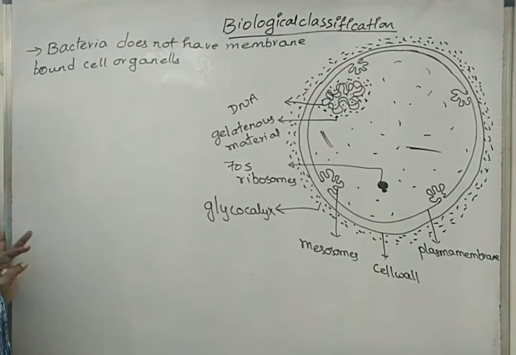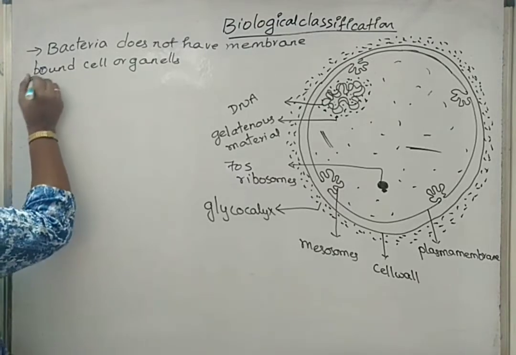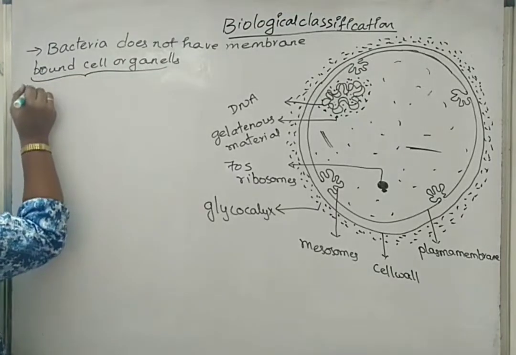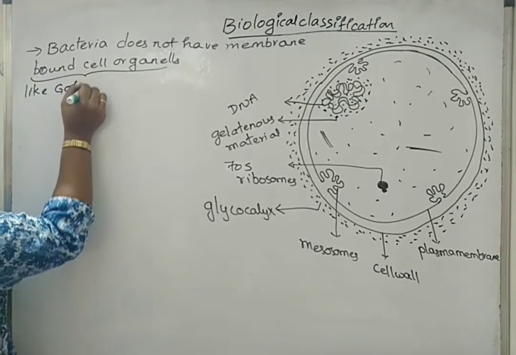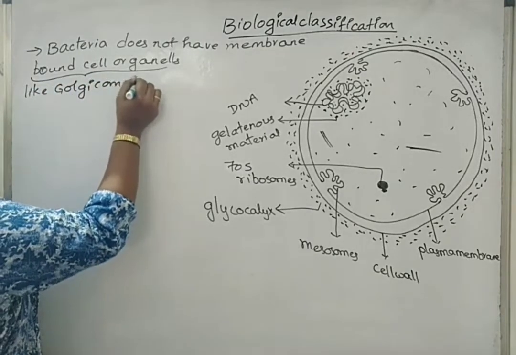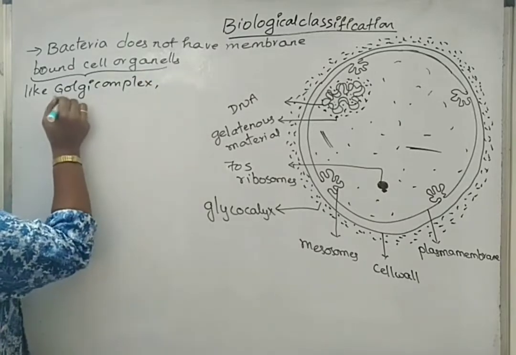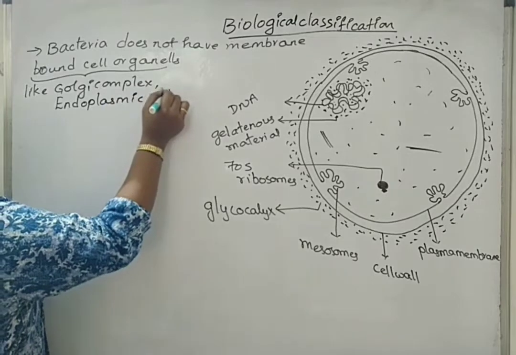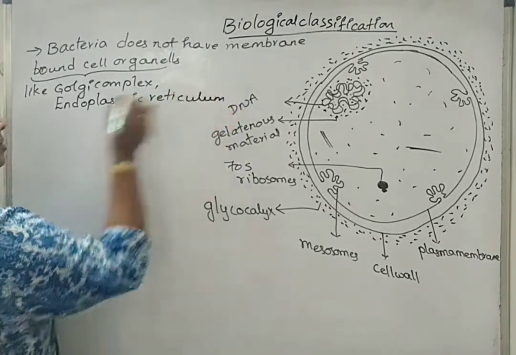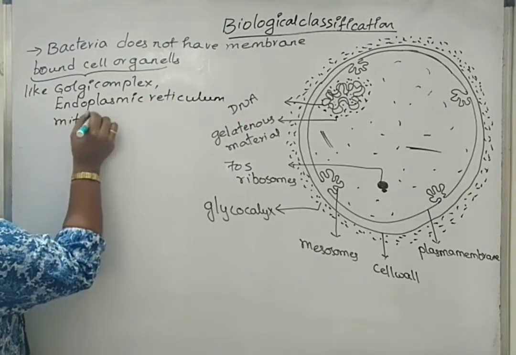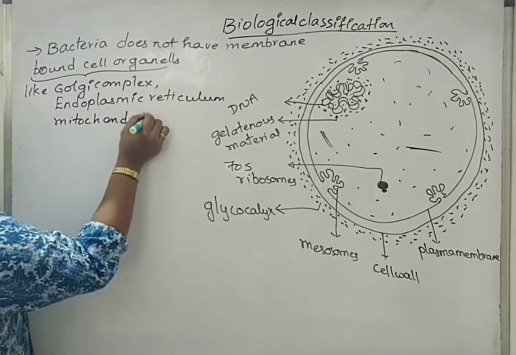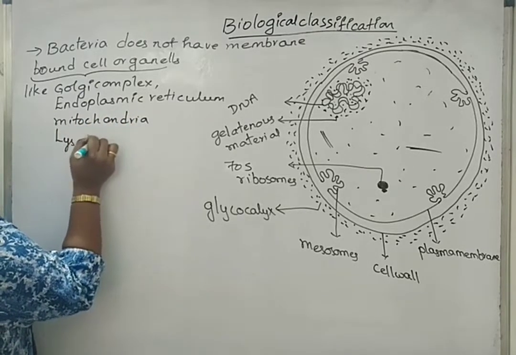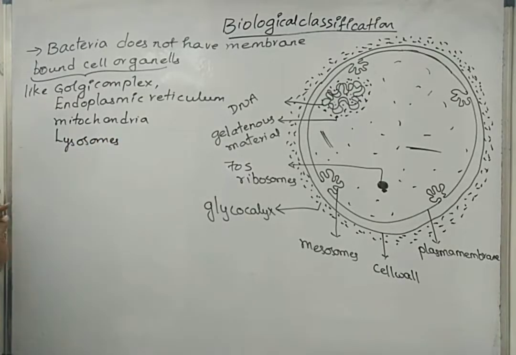Golgi complex, endoplasmic reticulum, mitochondria, lysosomes, etc. All these types of cell organelles are absent.